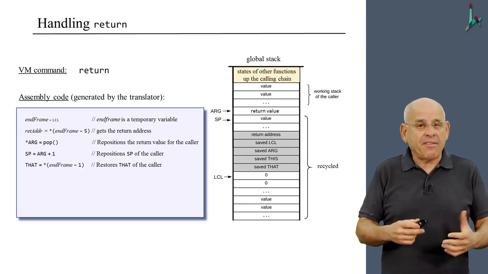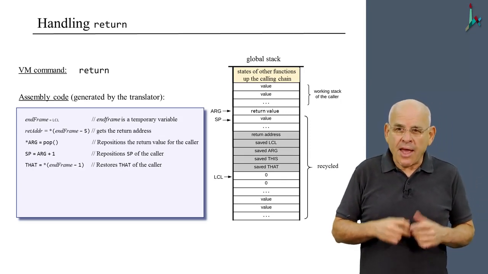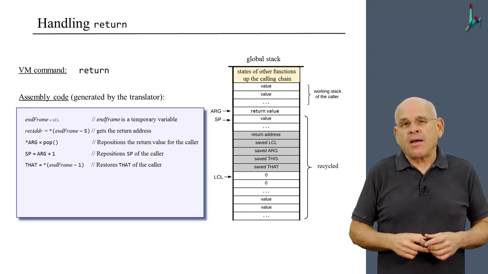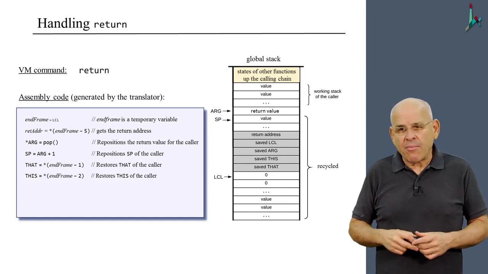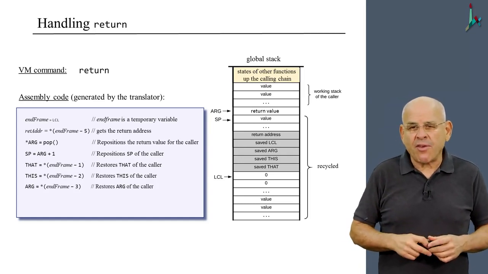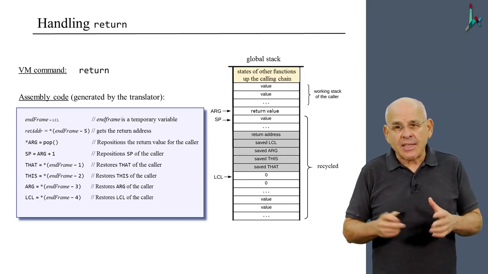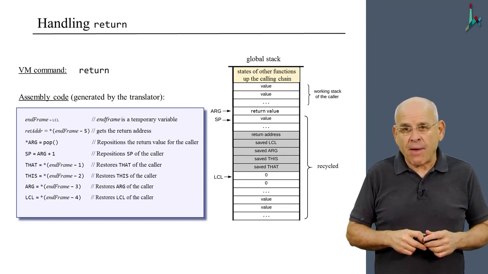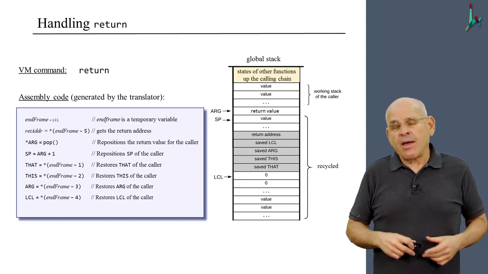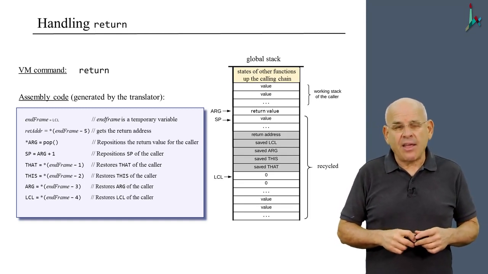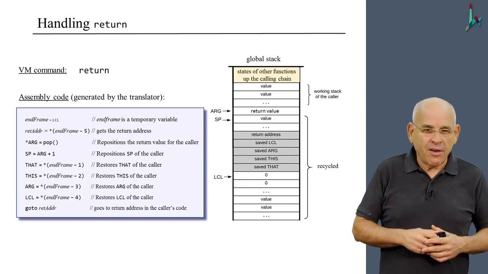So THAT should be end frame minus 1, the contents of end frame minus 1. THIS should be end frame minus 2. Arg should be end frame minus 3. And LCL should be end frame minus 4. So I recovered all my memory segments, and finally I can jump to the return address.